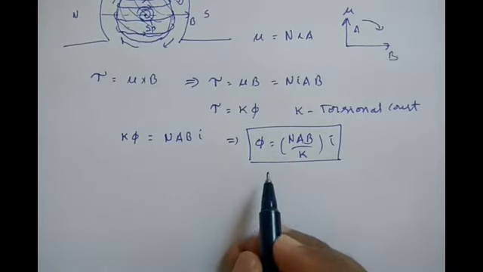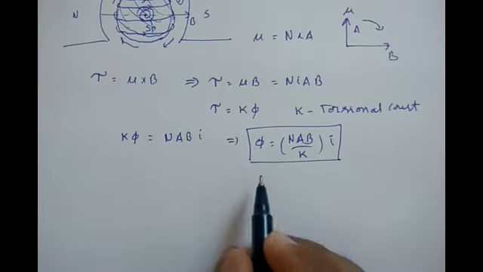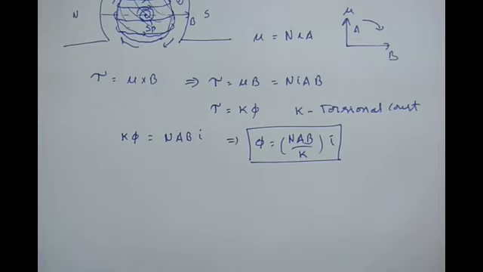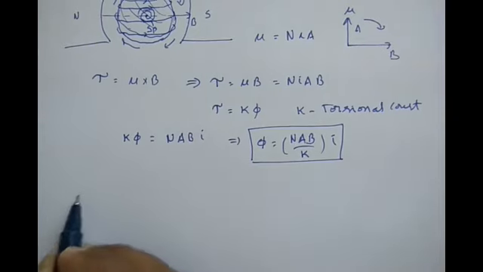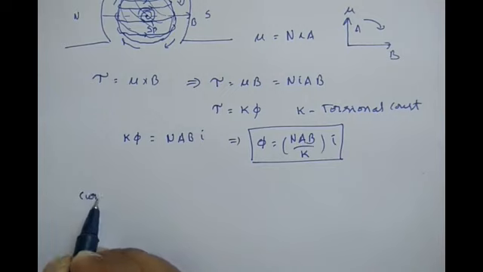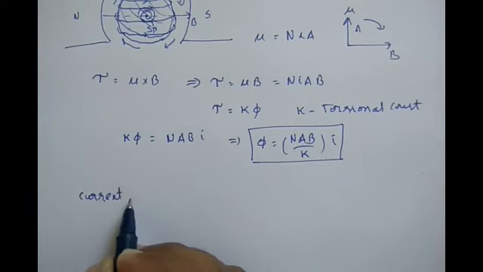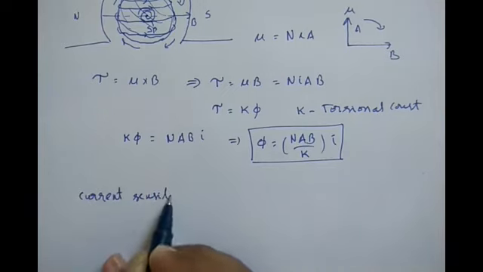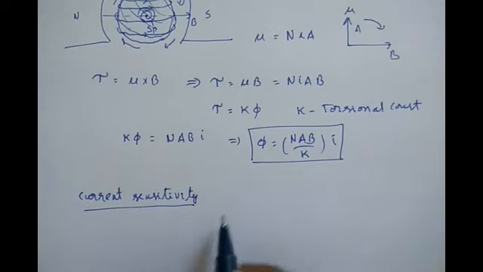So you can define here current sensitivity. Current sensitivity is defined as deflection per unit current.